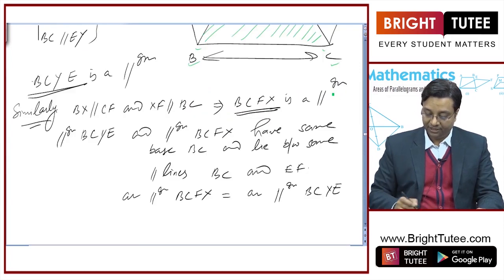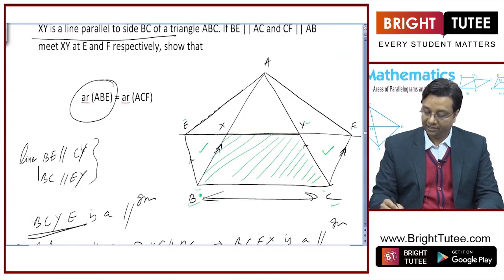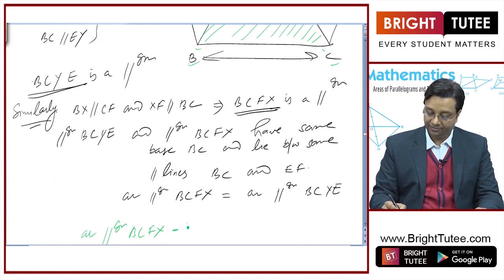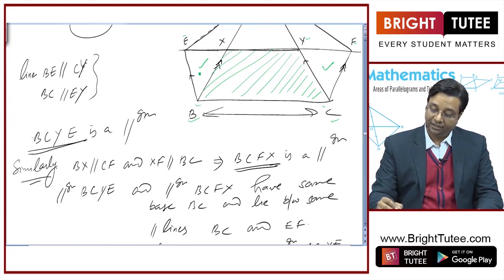What I mean is, if I subtract area BCFX, if I subtract area BCYX from it, and on the right hand side also, what will I get? I will get this triangle and this triangle.